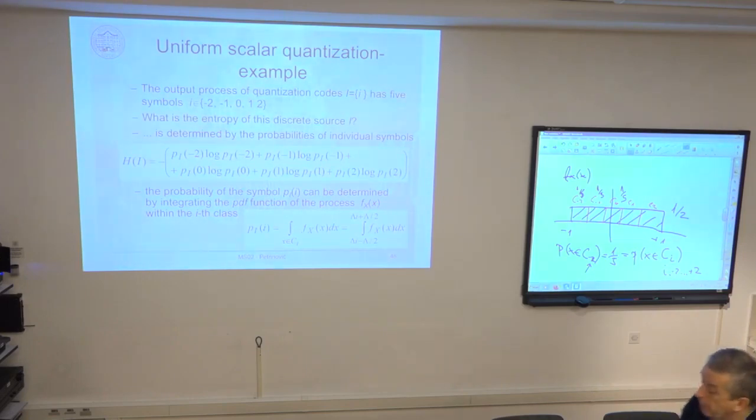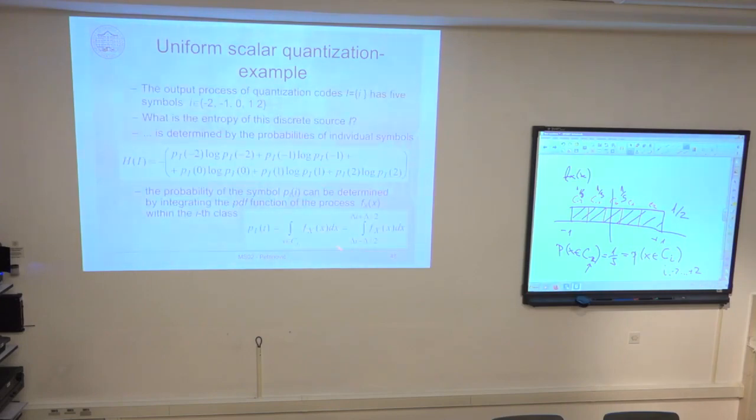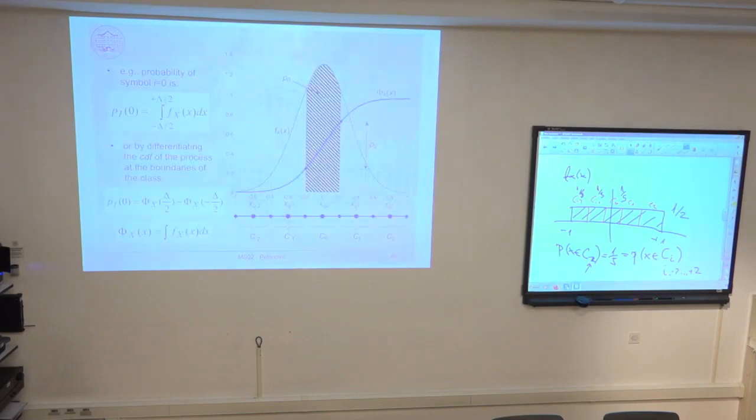So the probability of, for example, class 0 is simply the integral of the PDF in the range for class 0. Class 0 is from -0.2 to +0.2. If I take the integral, that is simply the integral of a constant, 1/5, in the range from -1/5 to +1/5. Okay?